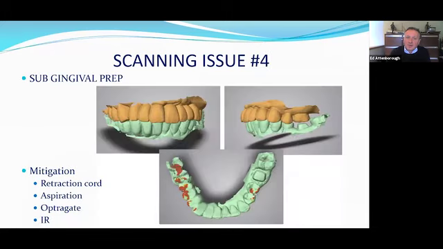So the fourth issue that we've come on to talk about already is subgingival preps. And the mitigation here is to use retraction cord, aspiration, Optigate, and near infrared scanning also helps.